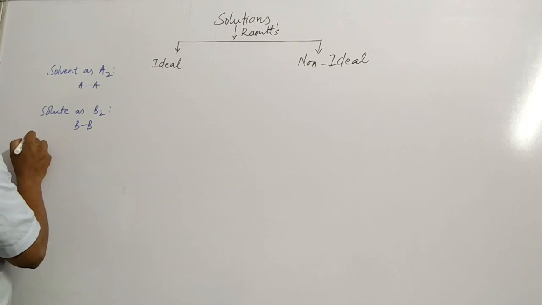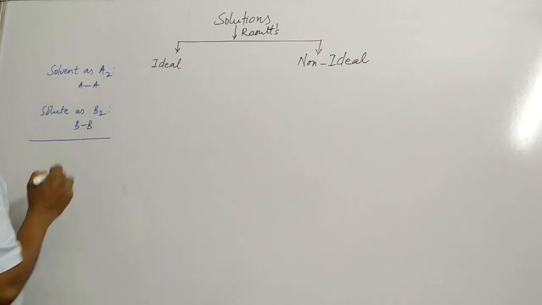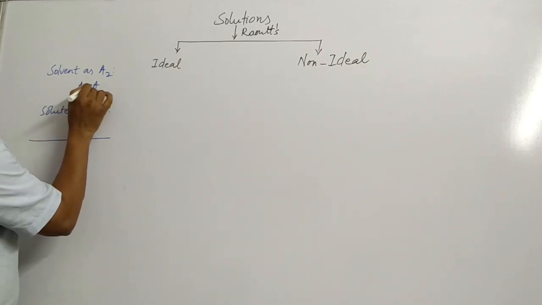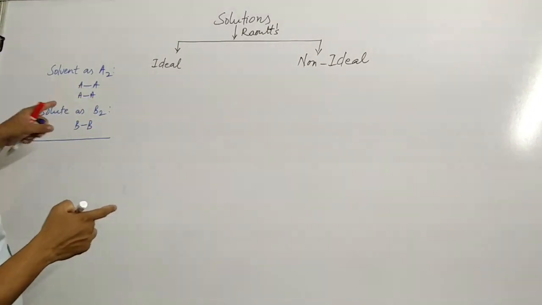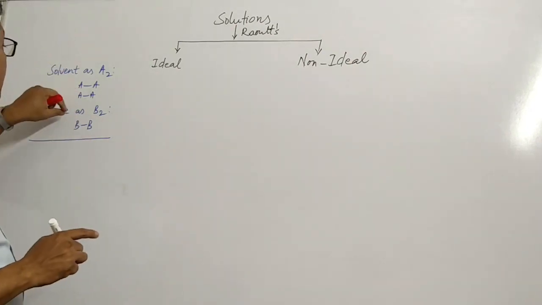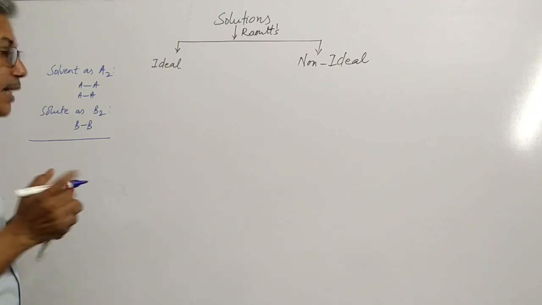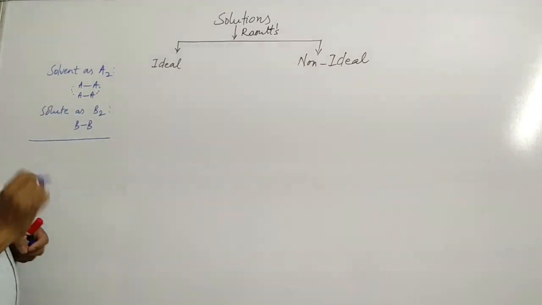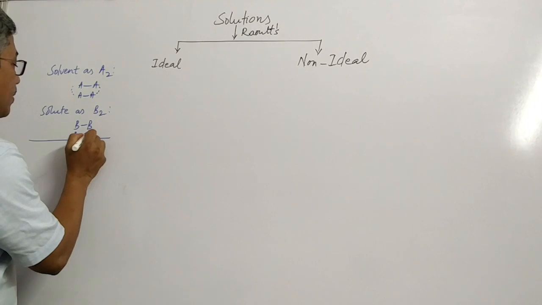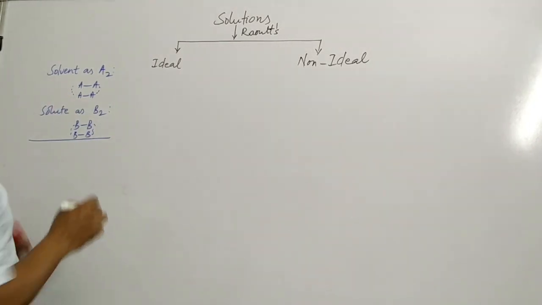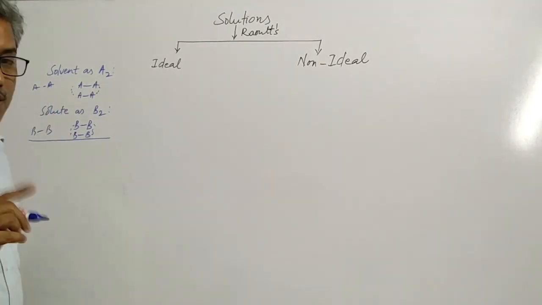Upon mixing these two, before they get mixed up, the interactions were found amongst the A2 molecules only, and the interactions between solute molecules only. That means before mixing, only AA interactions and BB interactions were noticed.